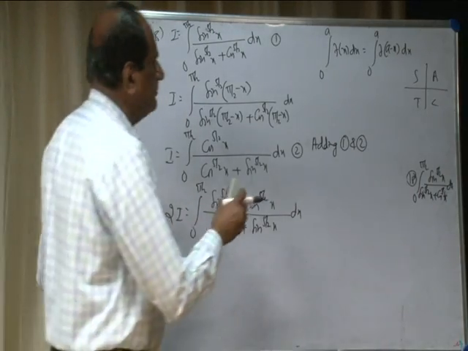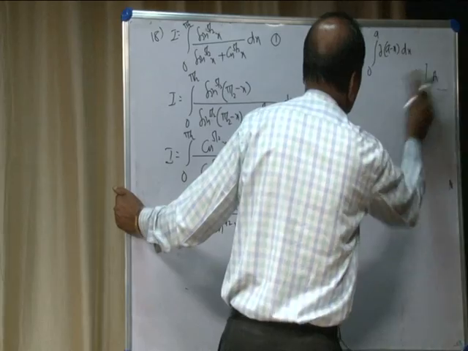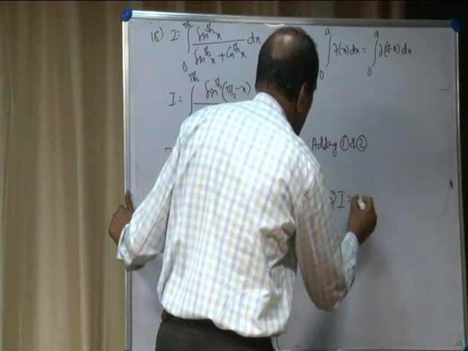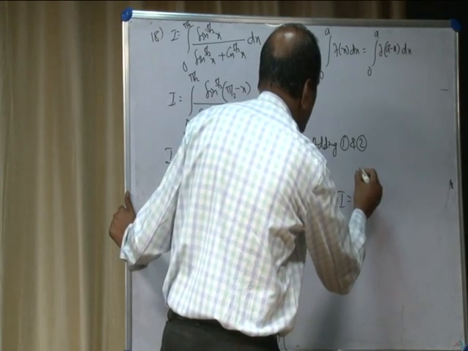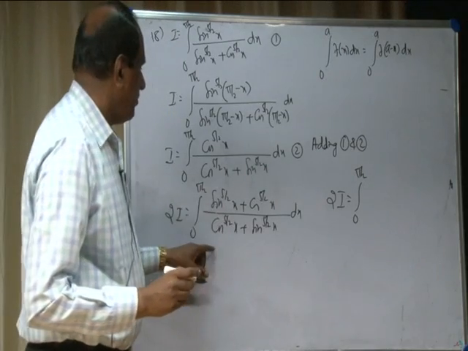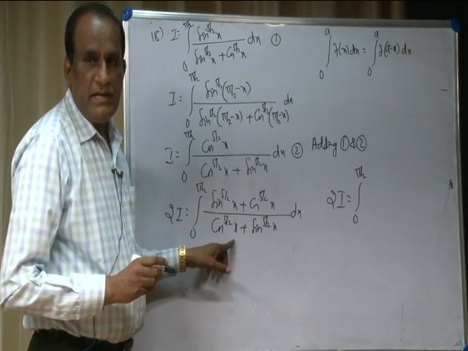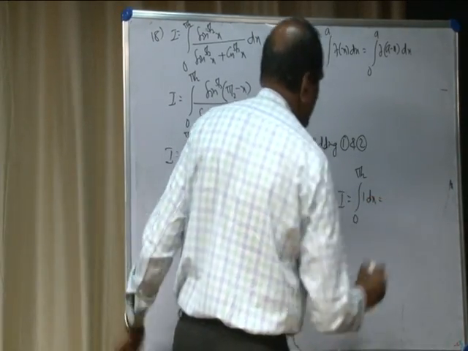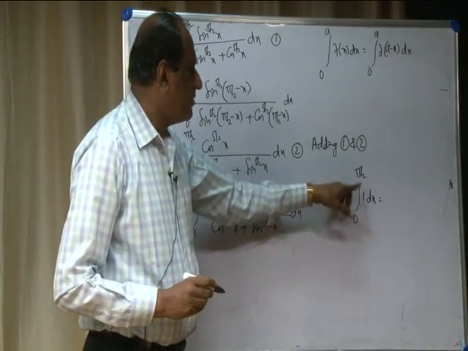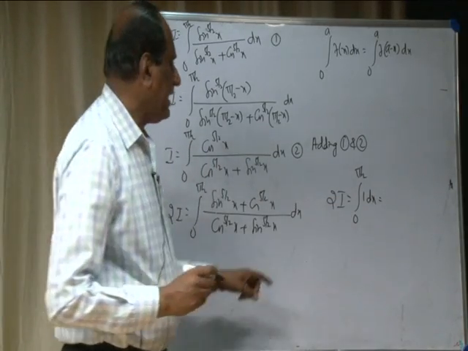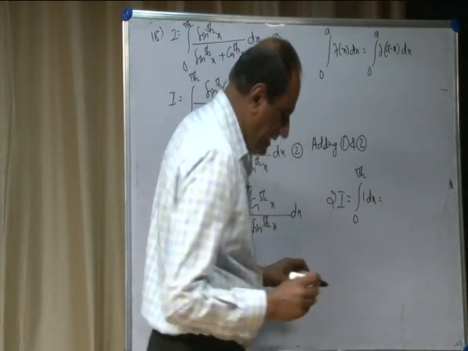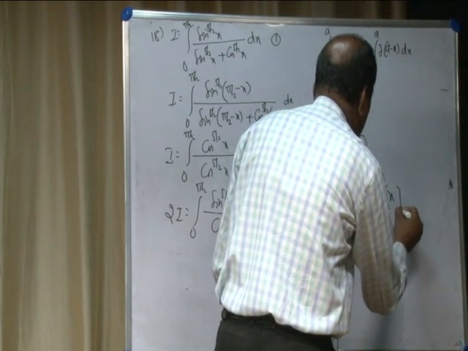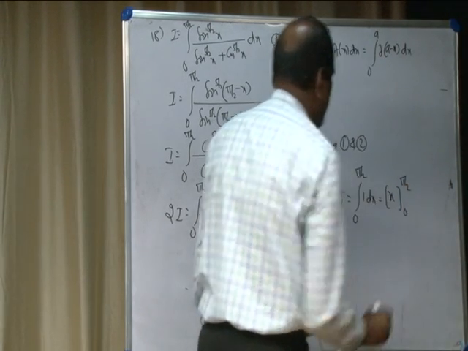So, 2I is equal to integral from 0 to pi by 2. The numerator and denominator are the same, so on simplification you will be getting 1 dx. 2I is equal to integral from 0 to pi by 2 of 1 dx. Integrate 1 with respect to x, that is x, from 0 to pi by 2.